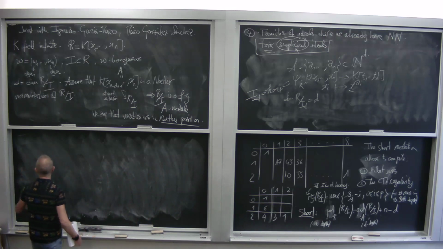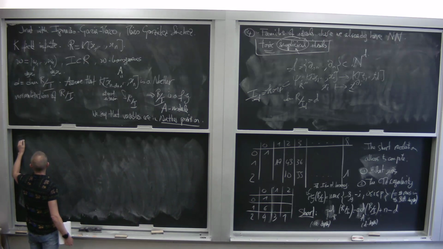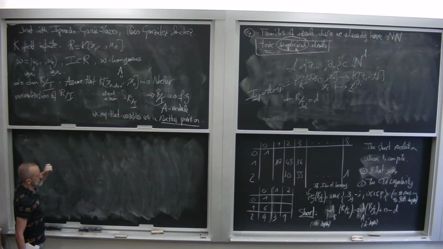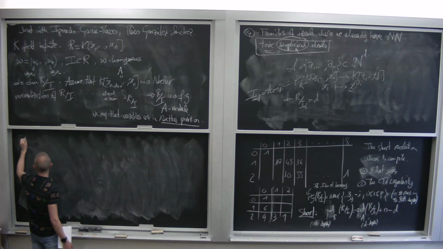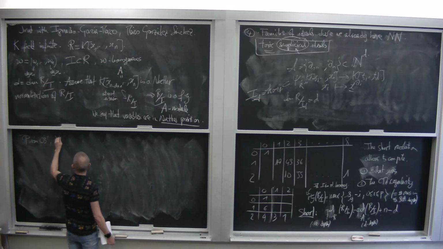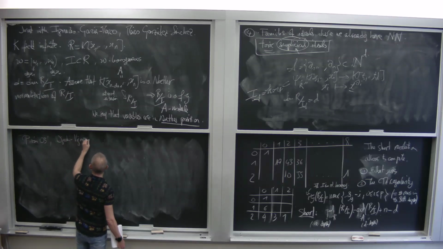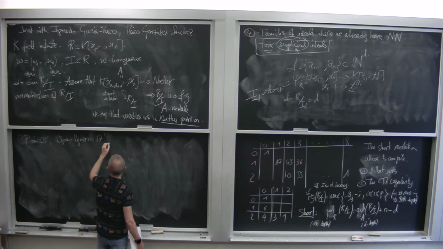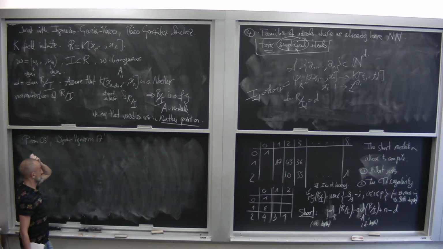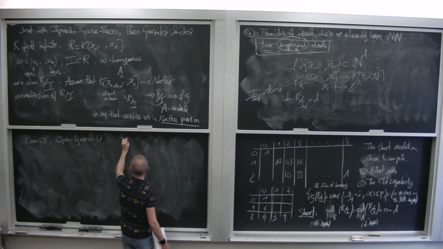So first, let me give you the known result. Oh, I should say a little of history of this short resolution. It was introduced originally by Pisón, and then later by Ojeda and Vigneron. And this was, in fact, in the toric setting.